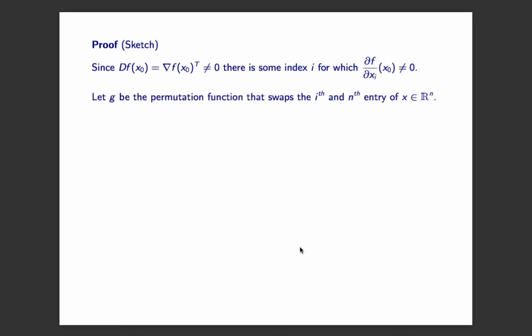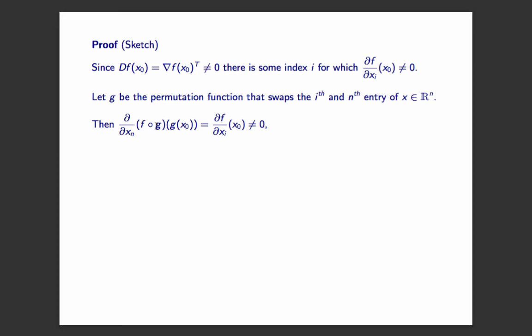Let G be the permutation function that just swaps the ith and nth entry of x. So that's all G does. It takes the ith entry, where the partial derivative is not 0, and the last entry and just swaps them. Then, if I take the nth partial derivative of f composed with G, that means whatever entry was at i is going to get moved to n, and then it's going to get moved back.